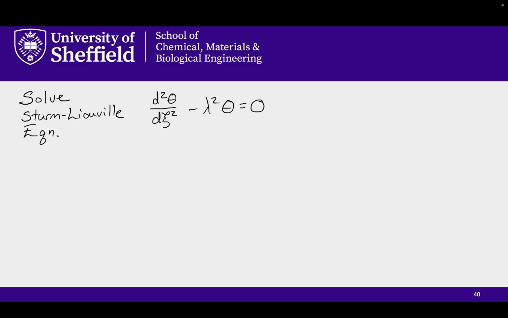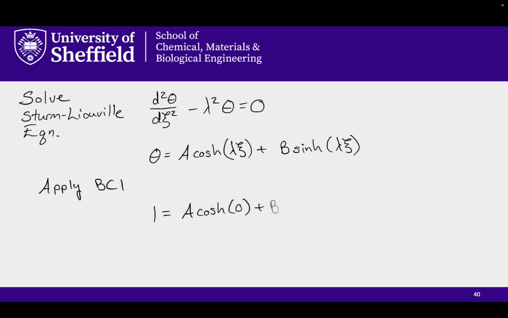We recognize that the governing differential equation is the Sturm-Liouville equation, and so we can immediately write down the solution, no calculation necessary. It's a combination of cosh and sinh. Our first boundary condition is the Dirichlet boundary condition, and it says that theta equals 1 when xi equals 0.